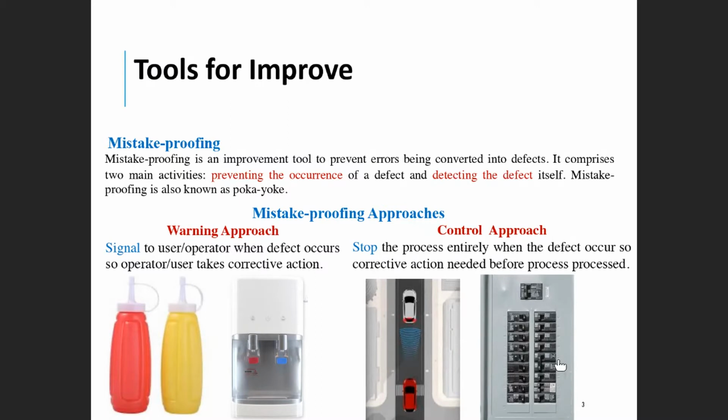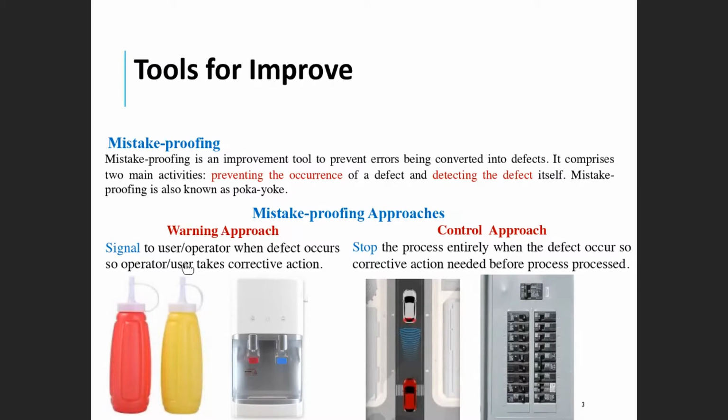So mistake proofing is an approach. You can use any tools along one of those approaches, with a control or warning. Signs, for example, instructions on how you use the equipment in the lab, are considered a warning approach to give the user or the operator or even the students, when operating that equipment, the instructions to avoid mistakes or defects.